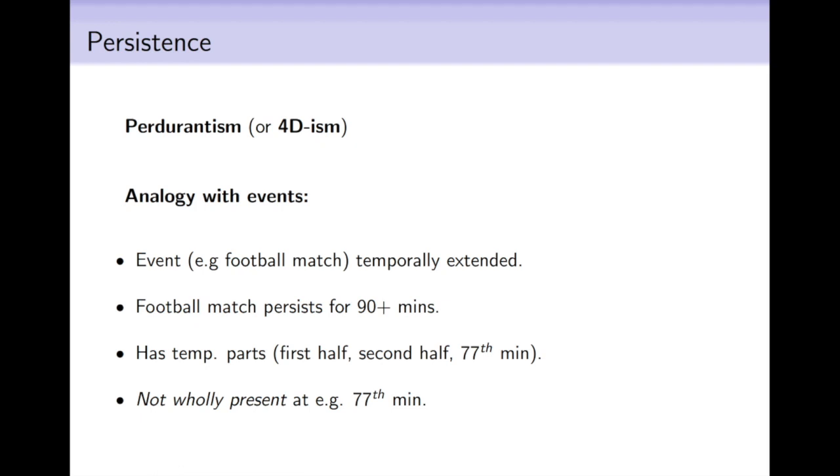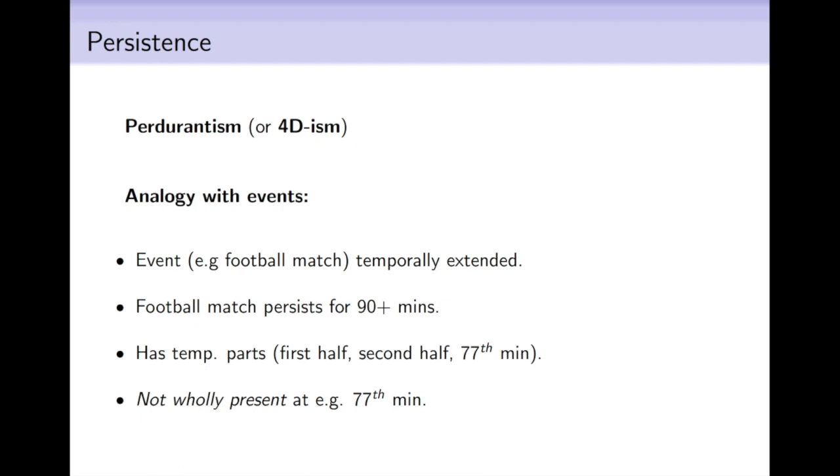And I think we'd ordinarily be fairly happy to say that there's a sense in which the whole of the football match isn't present at a particular moment in time. So the 77th minute, for instance, only part of it's present then.